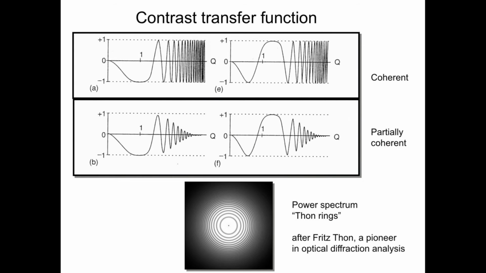So here are some examples for contrast transfer function. Now you always find this area where you have an extended interval. That extended interval comes from the fact that we have two wave aberrations that counteract each other when we are in the negative defocus range.